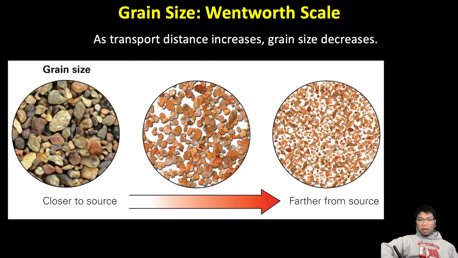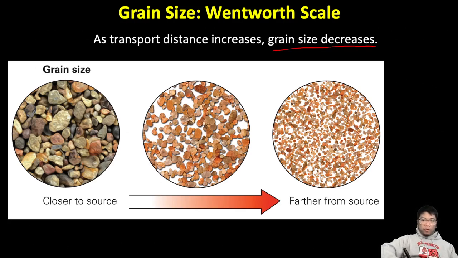Now, the reason why we need to know about the grain size of sedimentary rocks is because it can tell us a lot about the distance of transportation that these grains have experienced. As transport distance increases, the grain size will decrease.